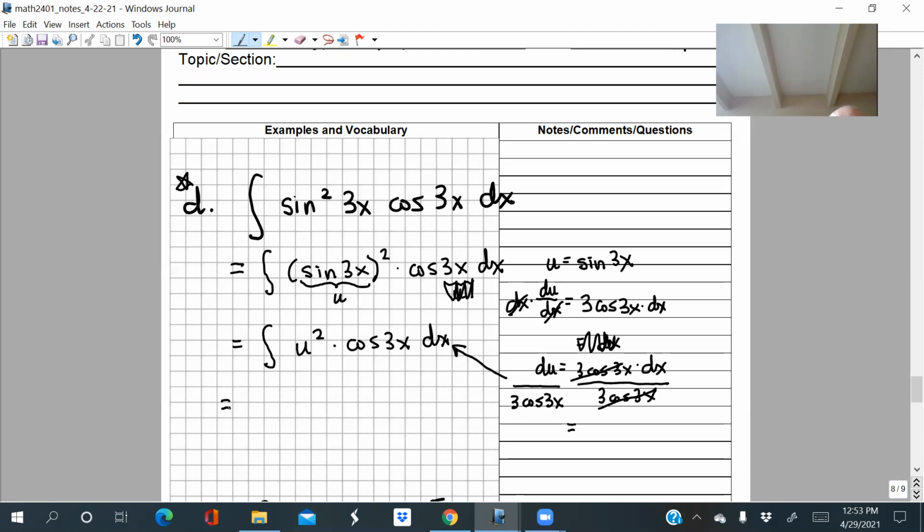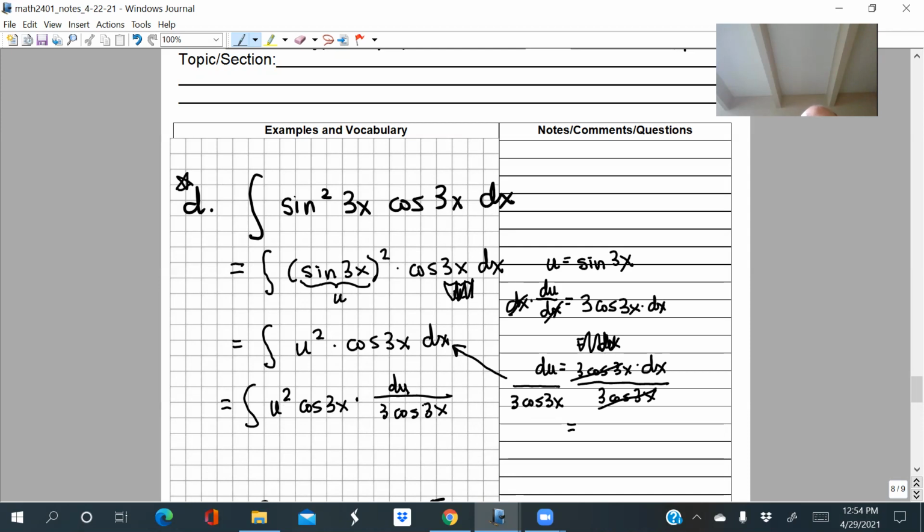All right, so let's do that. So we have u squared cosine of 3x, that hasn't gone anywhere yet, times this big mess that we have for dx, which is du over 3 cosine of 3x, Mohammed. Now good things are happening to us because things are going to cancel, right?